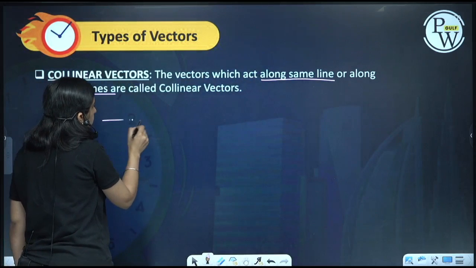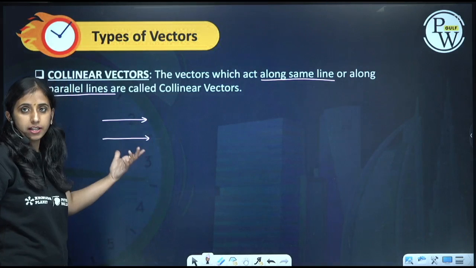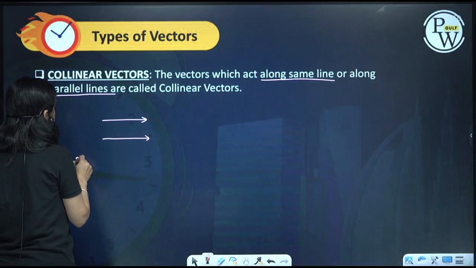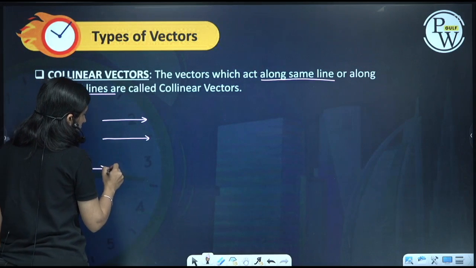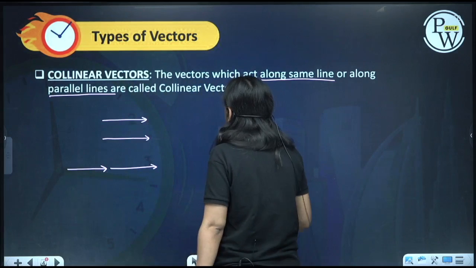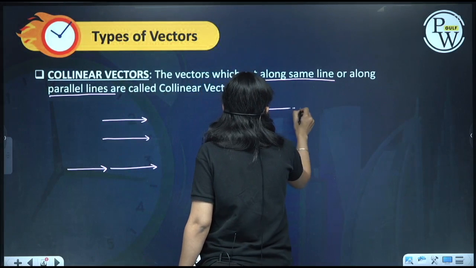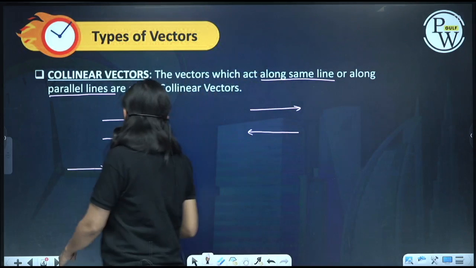So, if my vectors are acting in the same direction, or if they are along the same line, then this is called parallel vectors.